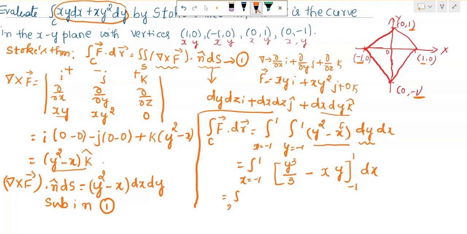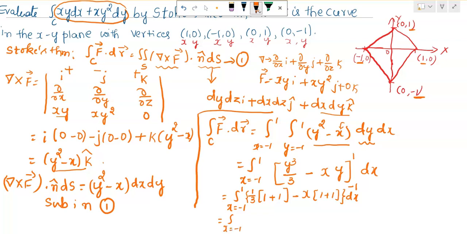So integral x is equal to minus 1 to plus 1. So 1 by 3 into, apply the upper limit 1 minus, when you apply the lower limit, minus 1 whole cube is minus 1. So plus 1 here. Minus x is a constant here. We are going to apply the limit for y. So upper limit 1 minus, for the lower limit minus 1, it is plus 1. So into dx.